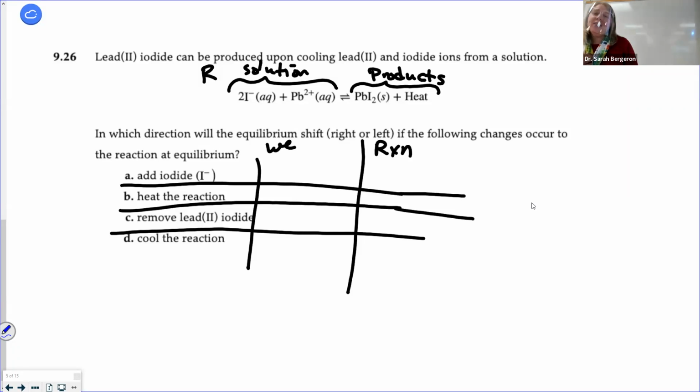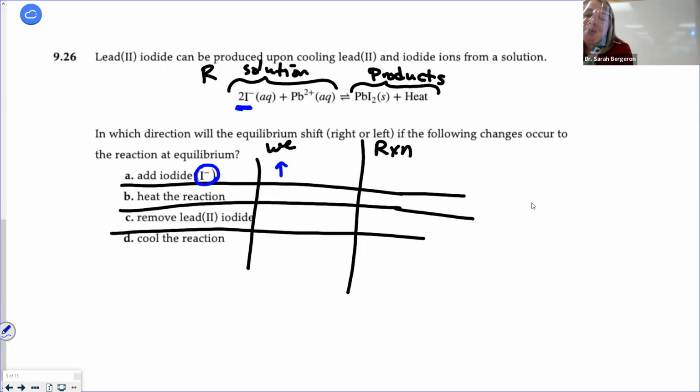So if we add the iodide ion, we are increasing a reactant or a product. Where is the iodide ion? Is it a reactant or a product? It's a reactant, it's right here.